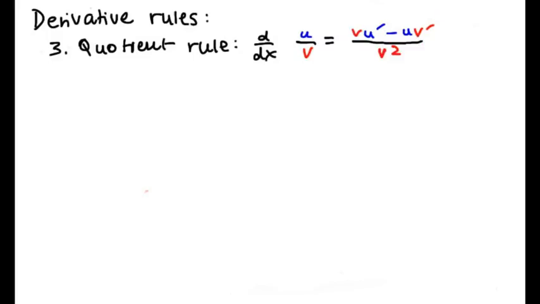So let's do one example of the quotient rule. So d dx of sine of x over cosine x. Now you know why I didn't say the derivative of tan x, because sine of x over cosine x is just tan x. And we're actually going to use the quotient rule to derive what the derivative of tangent of x is. So we just follow this formula.